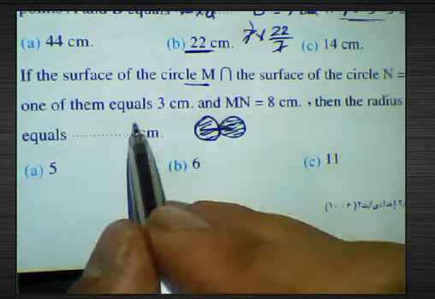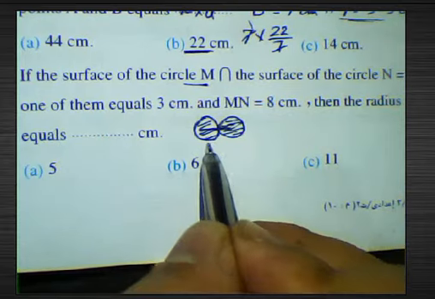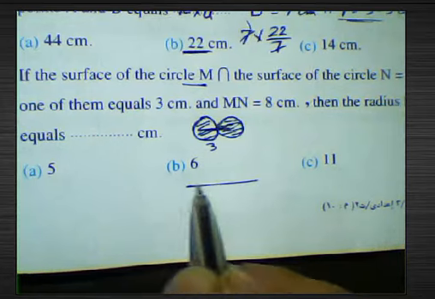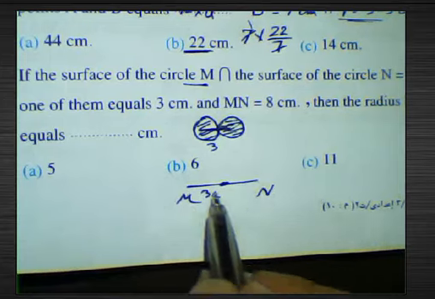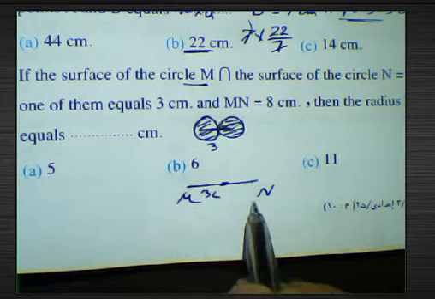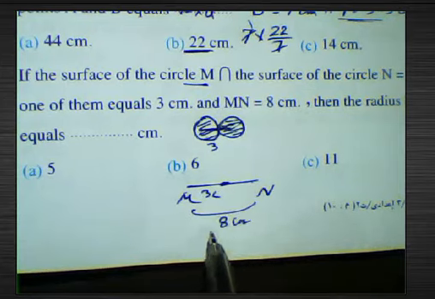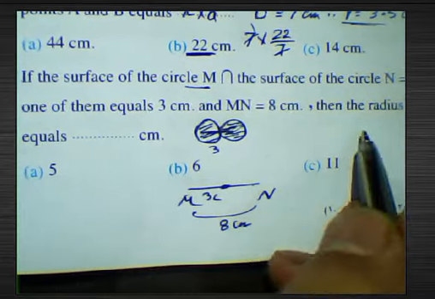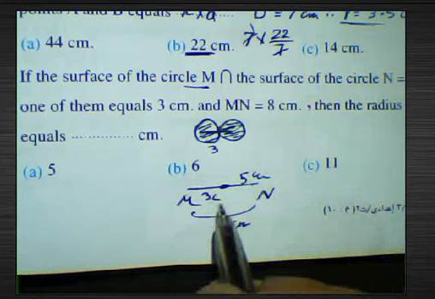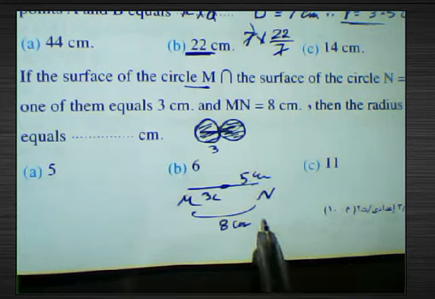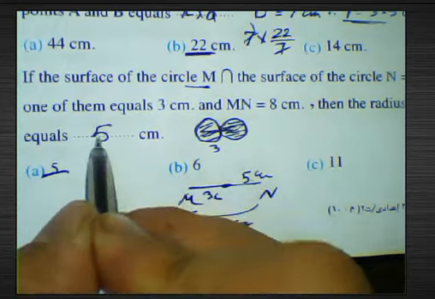And we have the radius length here, 3 cm is the radius 1. 3 cm, and we have the length between M and N equal 8 cm. Then the radius of the other circle will be 5 cm. 3 plus 5 equals 8. We must write here 5 cm.